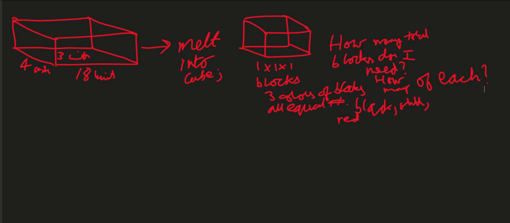A rectangular prism is the same as a cube? I said a rectangular prism was merged into a cube. There's a word for that. What is the property that remains the same?